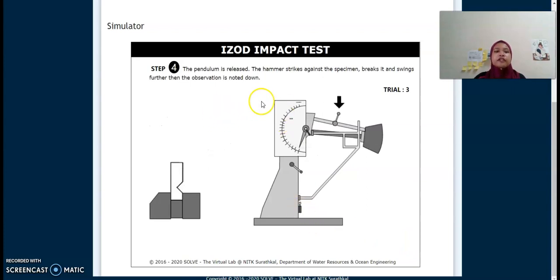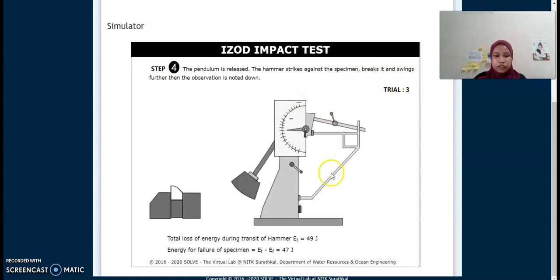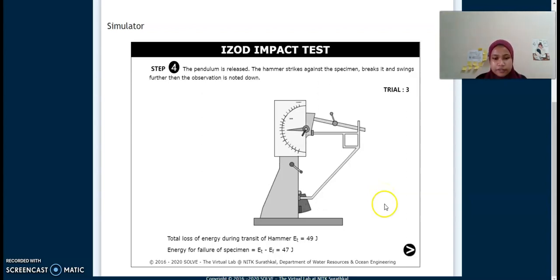Step 4, the pendulum is released, the hammer strikes against the specimen, breaks it and swings further, and the observation is noted down. Total loss of energy during transit of hammer, ET, equals 49 joule. Energy for failure of specimen is ET minus EF, equals 47 joule.